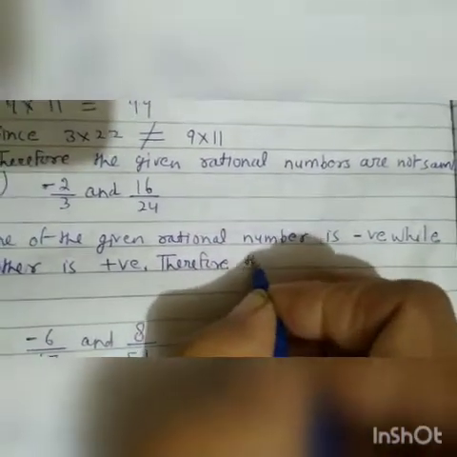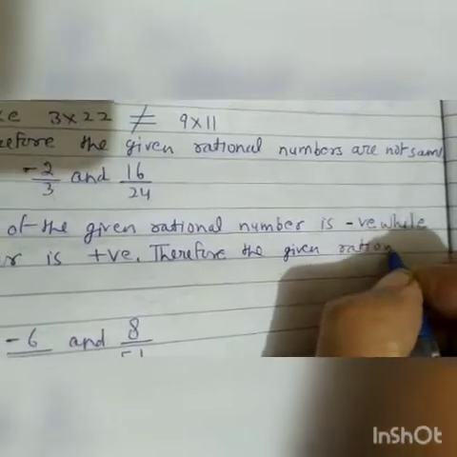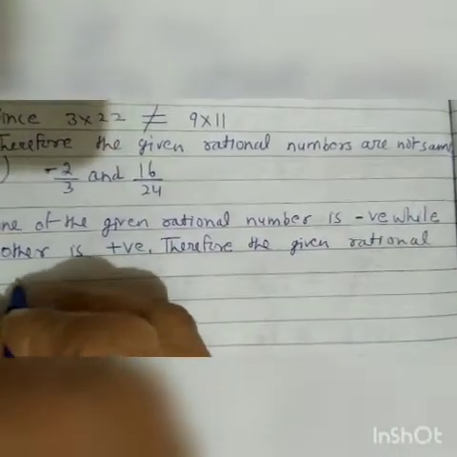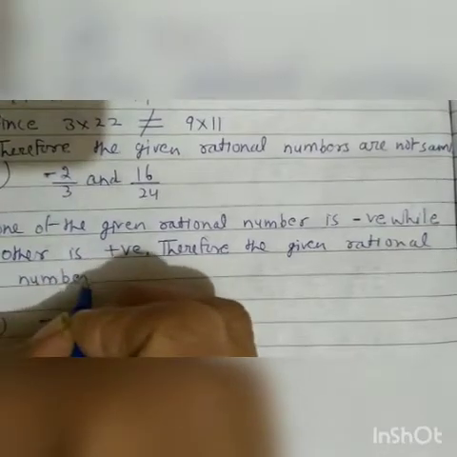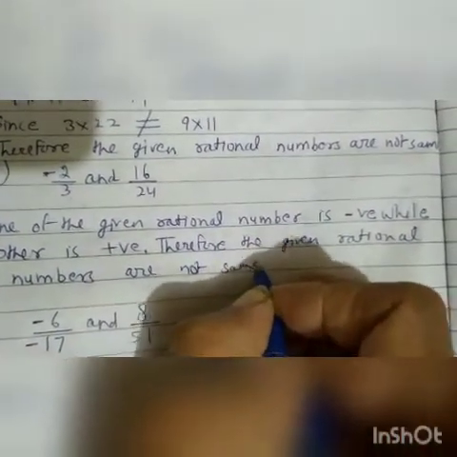Therefore, the given rational numbers are not same.